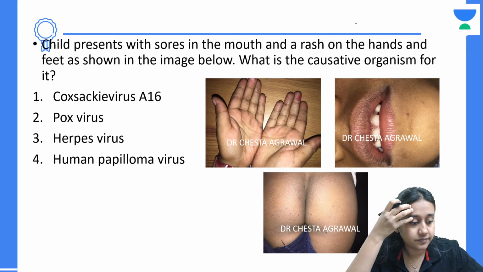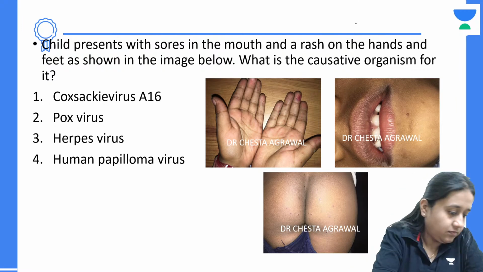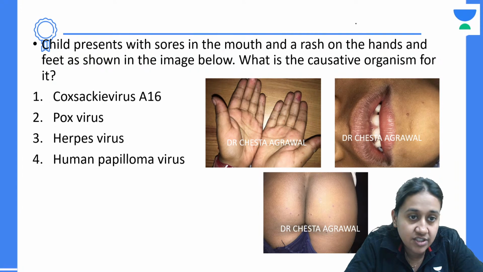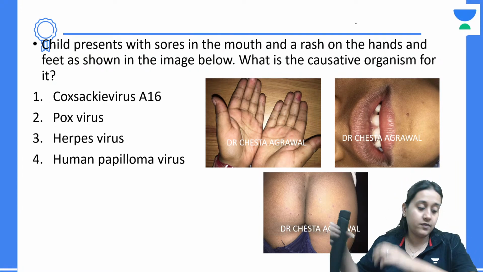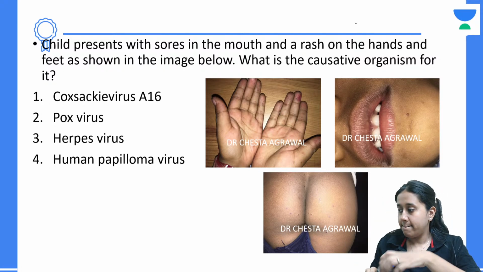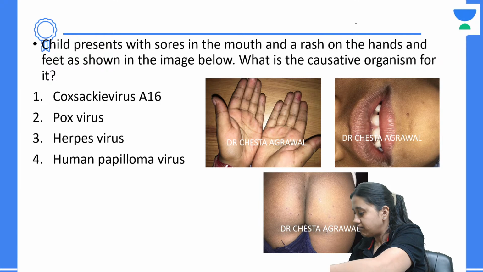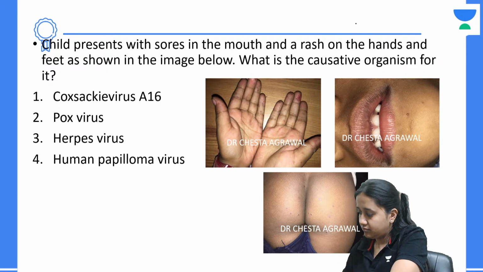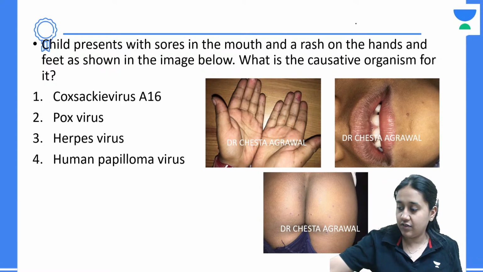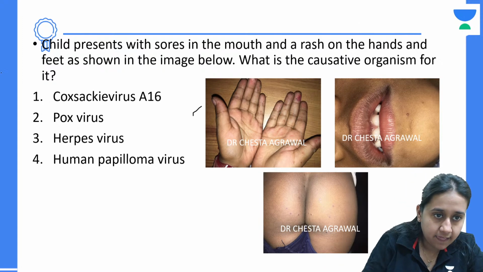A patient with soreness in the mouth, rash on the hands and feet, and the image given below. What will be the causative organism? Very nice. The correct answer is option number 1.